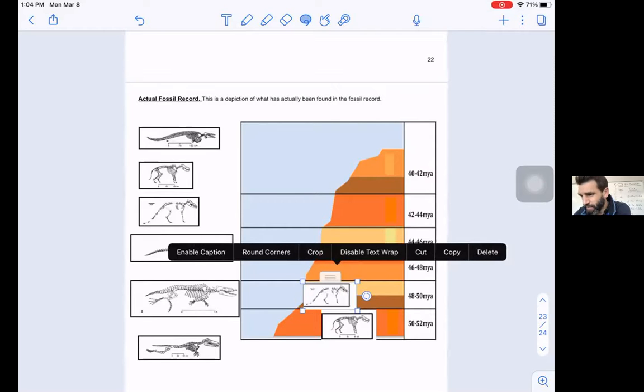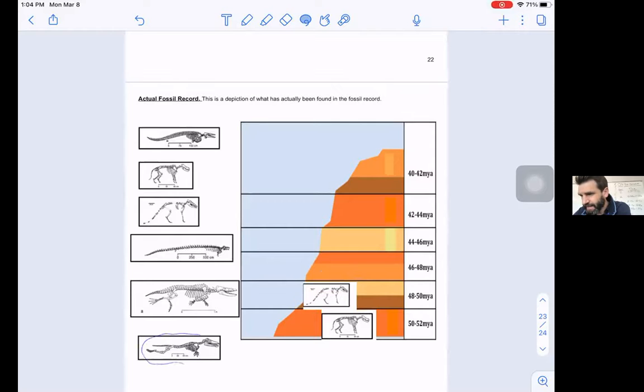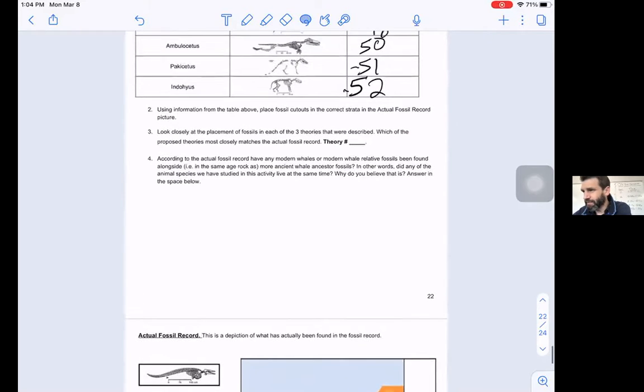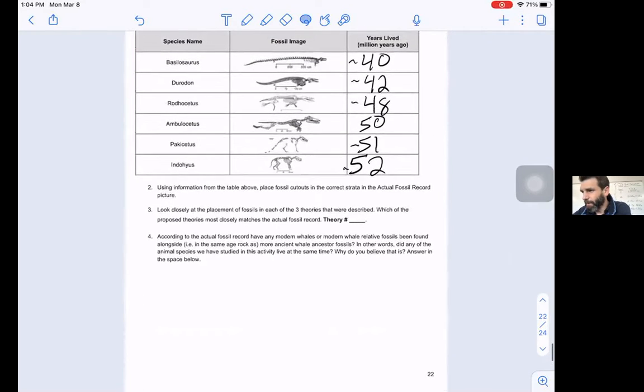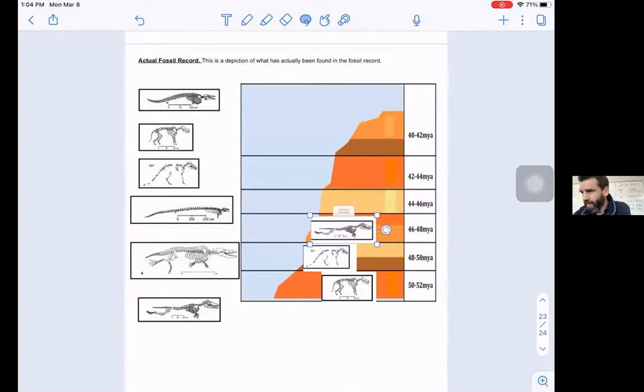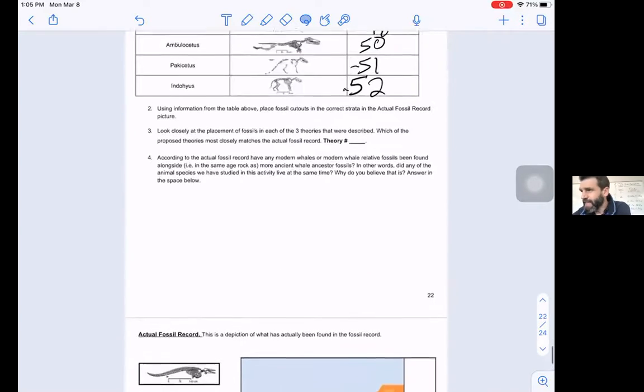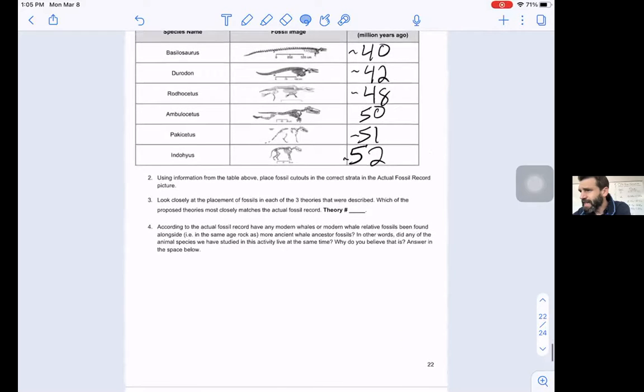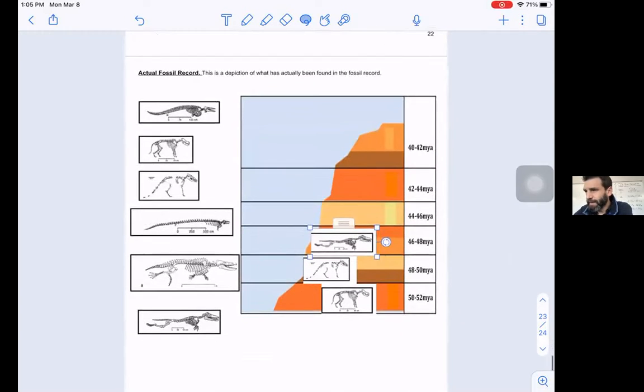And then I forget which one we like to be the next closest, maybe this one, right? So that one was 46 to 48 million years old. Oh, I got it. I always mess these up. Oh, no, that's right. And I'm sort of approximating a little bit here, but this one would go here.